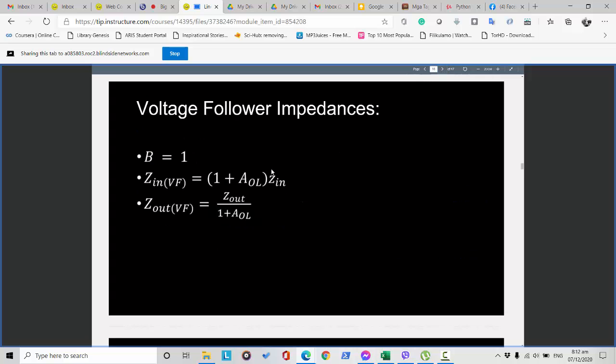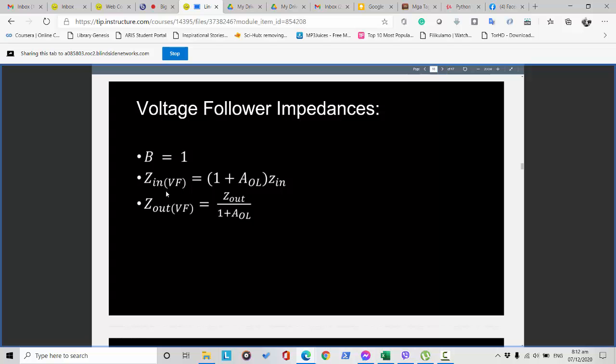Okay, so these are some of the formulas for voltage follower impedances. For voltage follower, we have discussed this already, no? The voltage follower is an operational amplifier circuit whose output voltage straight away follows the input voltage, and our B here, the voltage gain, actually is equal to 1.